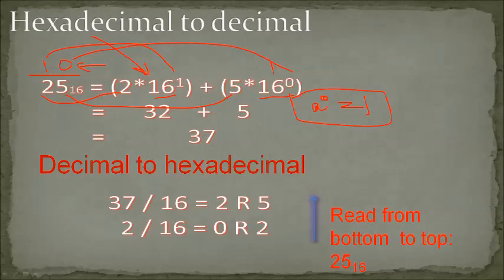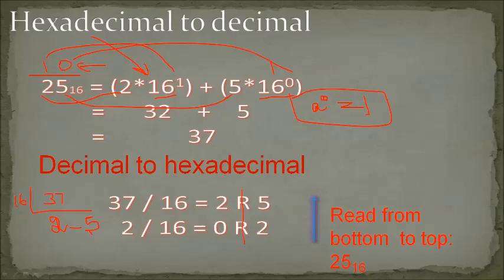In the same way, when converting decimal to hexadecimal, you can use this method. 37 divided by 16. How many times will it go? Based on that, you can work. It will go only 2 times, and the remaining value will be 5. More than that, we cannot solve. This is nothing but the remainder. Don't get confused.